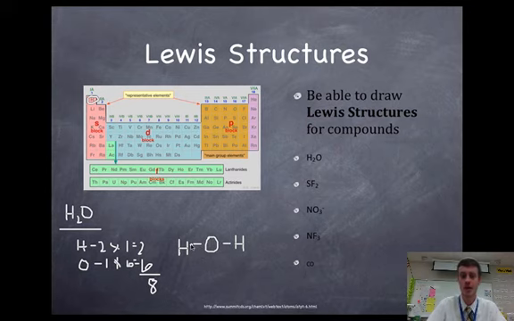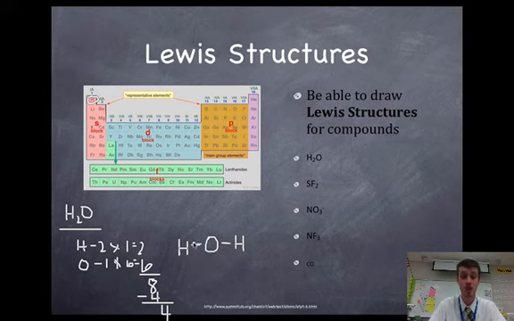Each bond here is 2 shared electrons. So my hydrogen's happy because it's already sharing 2, and my other hydrogen's happy too. I've drawn a total of 4 electrons in the form of my bonds, so I have 4 left to use. Oxygen's not happy.